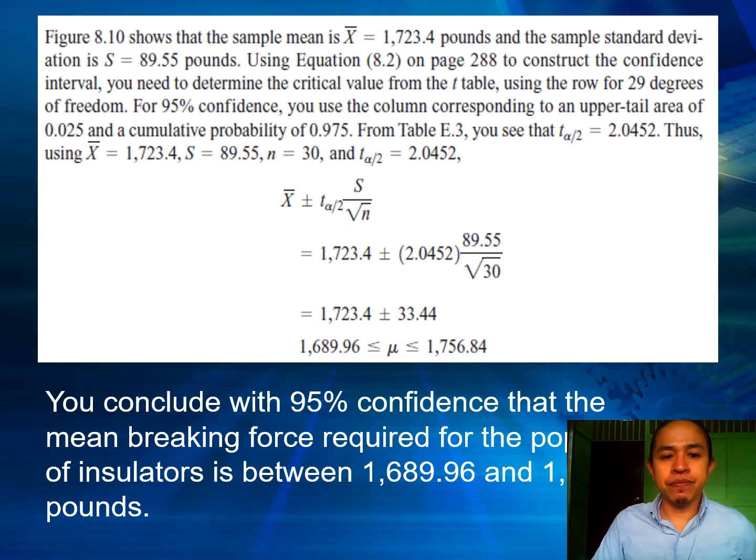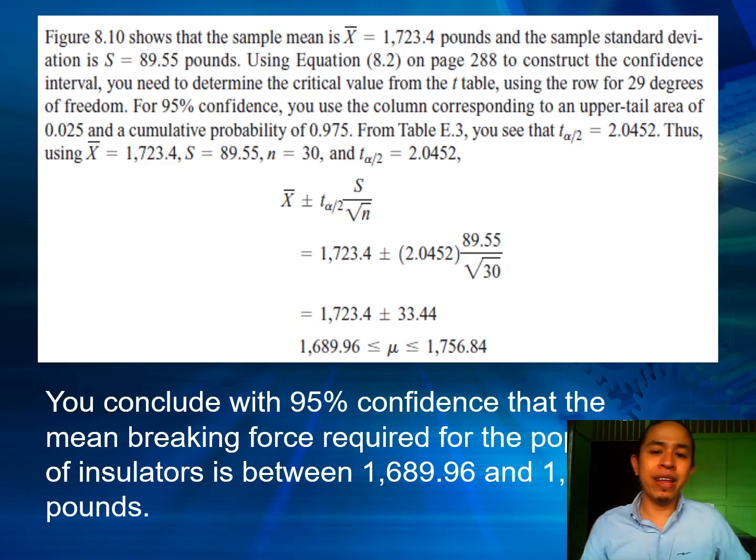So here it shows that the sample mean is 1,723.4. I hope that you also calculated on your own to verify if the result is correct. And the sample standard deviation is 89.55 pounds.